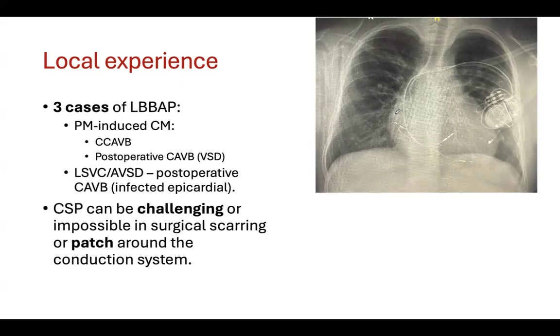Obviously, if you have a VSD patch, for example, it might be challenging to insert the lead into the septum because of the patch, so you have to go around the patch. It might get complicated, but these patients, as you can see, at least this patient and this patient had a patch and it went okay.